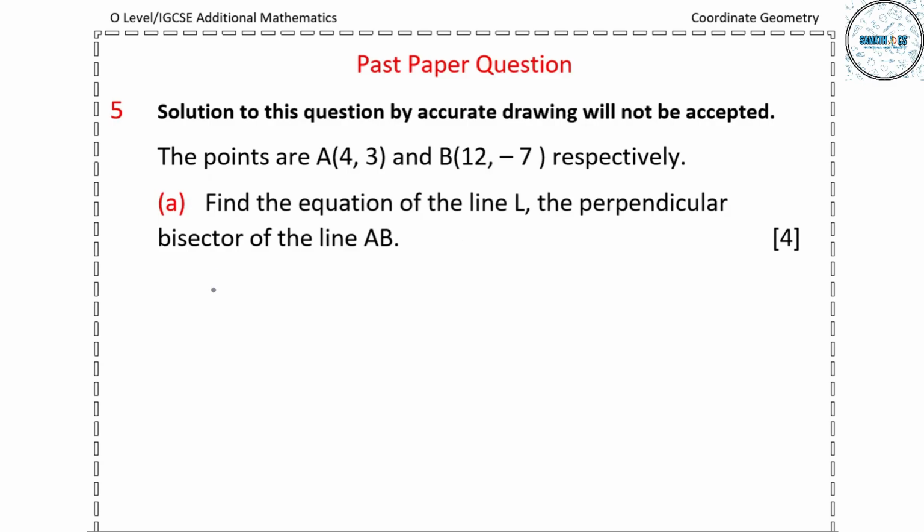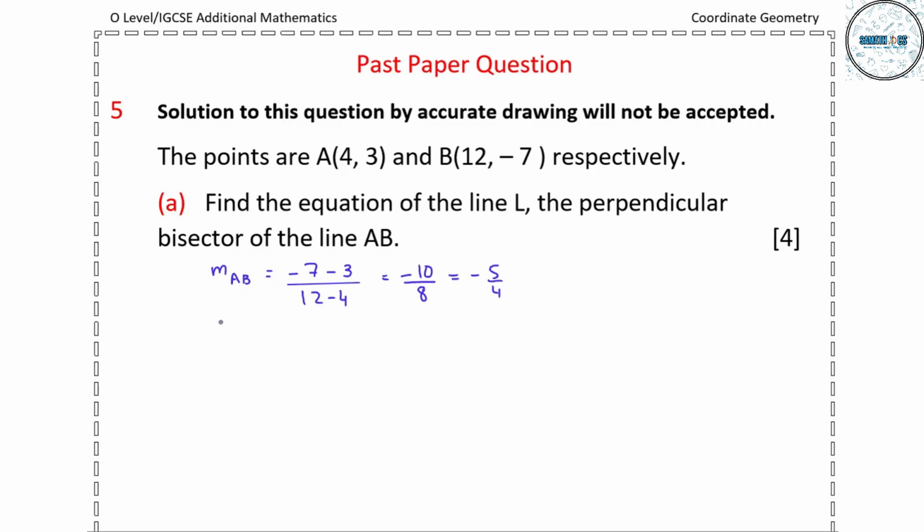So first of all, we will find out the gradient of AB, which is -7 -3 upon 12 - 4, which is equal to -10 upon 8, which is finally equal to -5 upon 4.